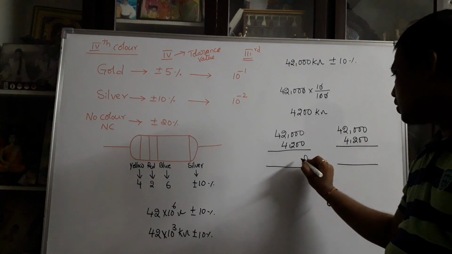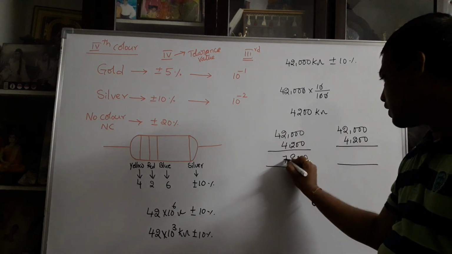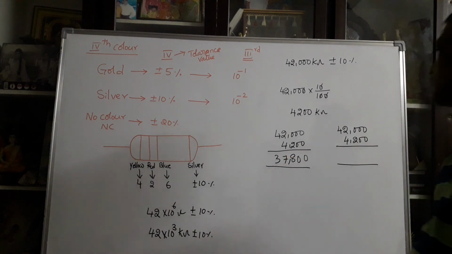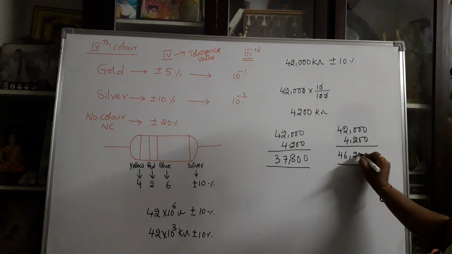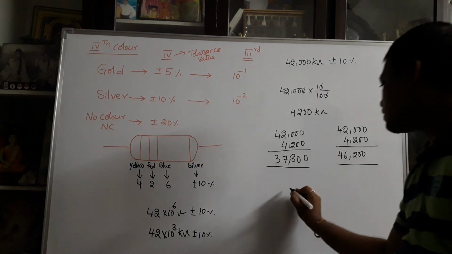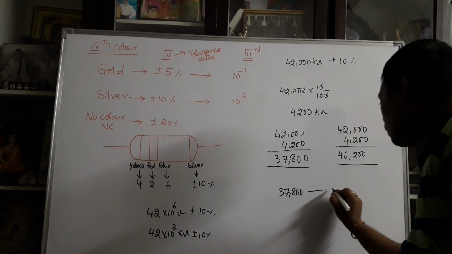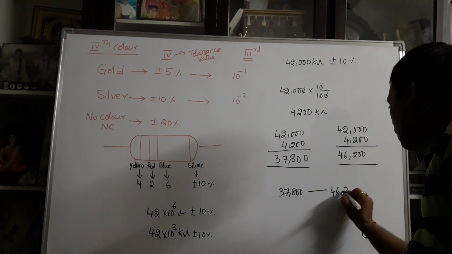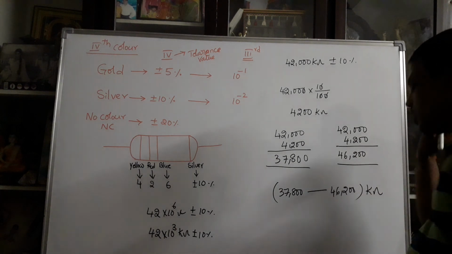That gives 37,800, and adding gives 46,200. Then the range value is 37,800 to 46,200 kilo ohms, which is registered in the option.